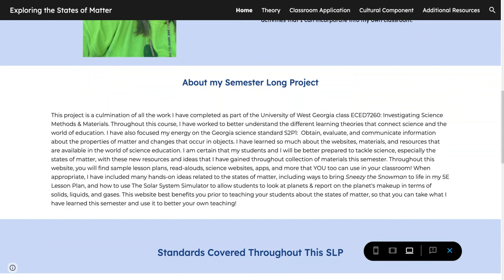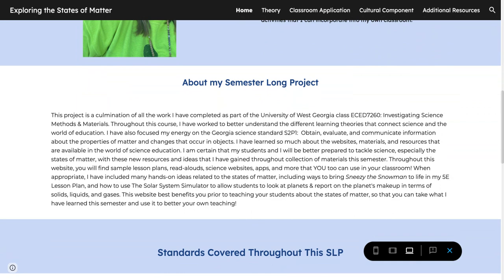The next section goes a little bit more in depth. It mentions the class that I worked on this SLP throughout, and it also really details that standard S2P1: obtain, evaluate, and communicate information about the properties of matter and changes that occur in objects.